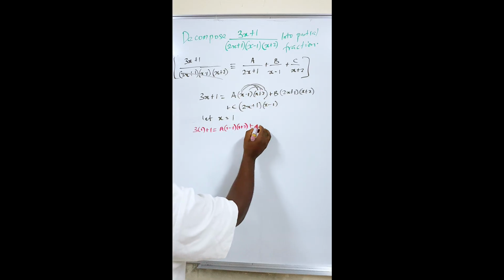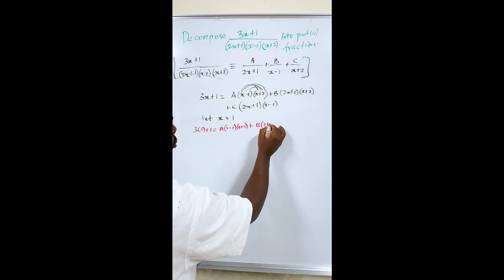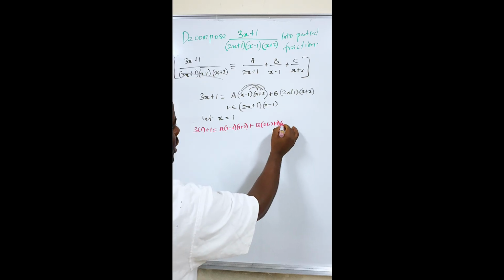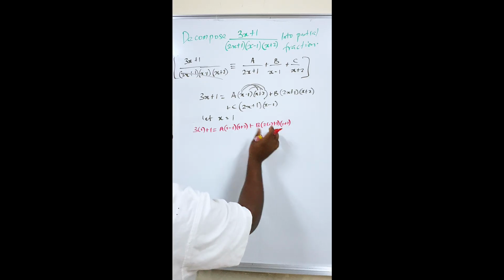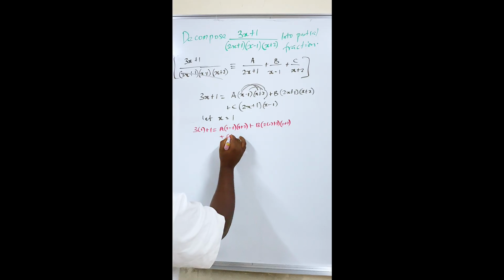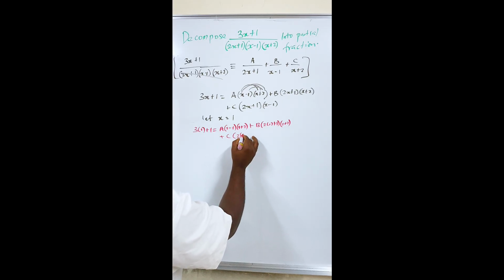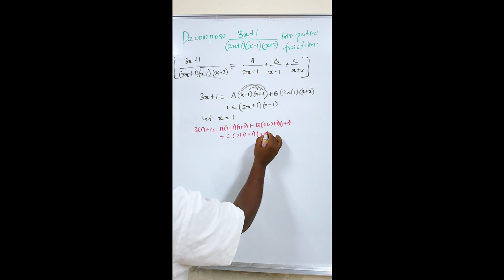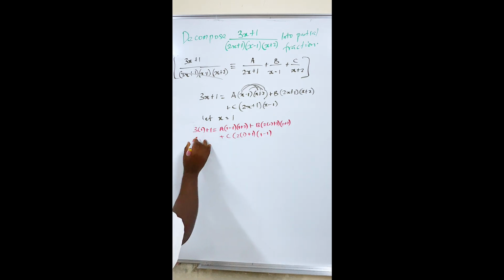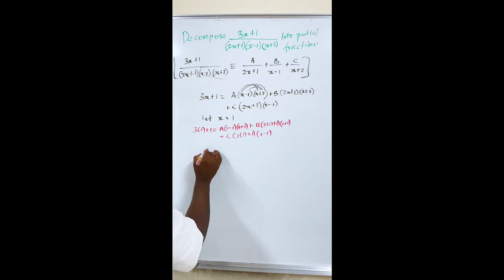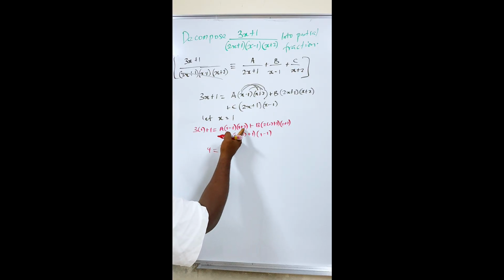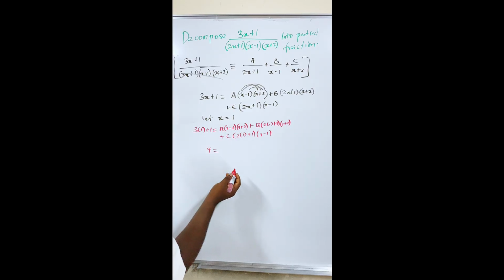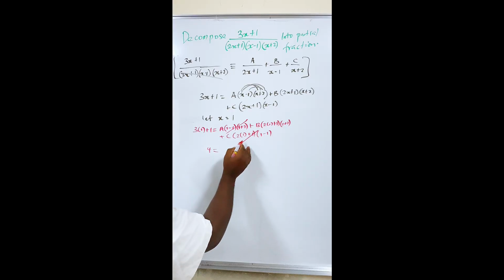Literally this is 0, then plus B times (2 by 1 + 1)(1 + 2), then plus C times (2 by 1 + 1)(1 - 1). So the left side is going to give me 4. So I have 4 equals, now 1 minus 1 is 0, so 0 multiplied by this is 0, and the term with C is also 0.